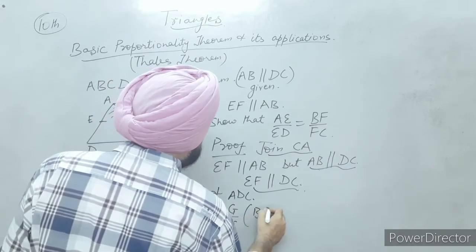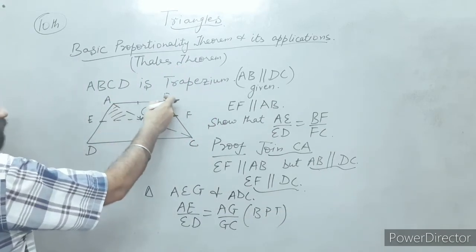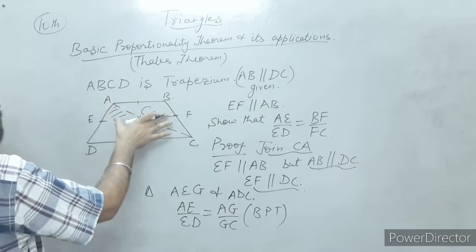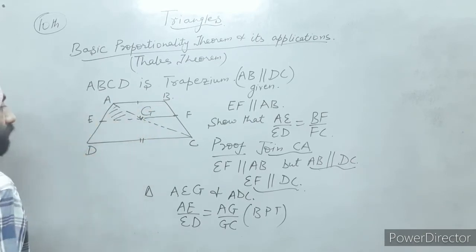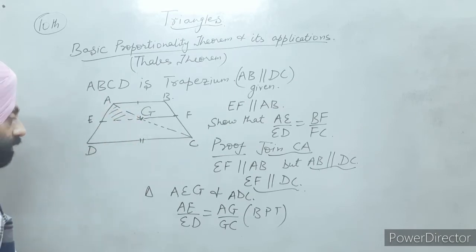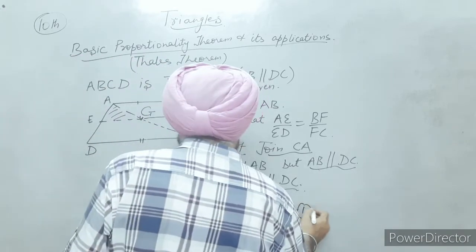This is again using basic proportionality theorem. That is, EG is parallel to AB because EF is parallel to AB, EF is parallel to DC. So part of it is parallel to AB. That is, EG is also parallel to AB. So we applied basic proportionality theorem to this. Now, this is your number one.